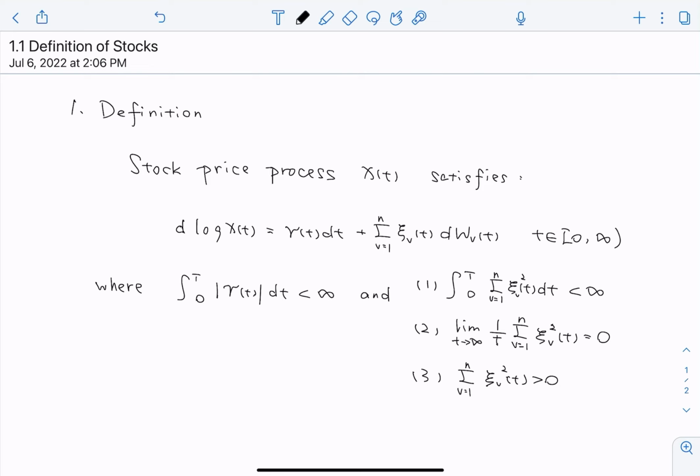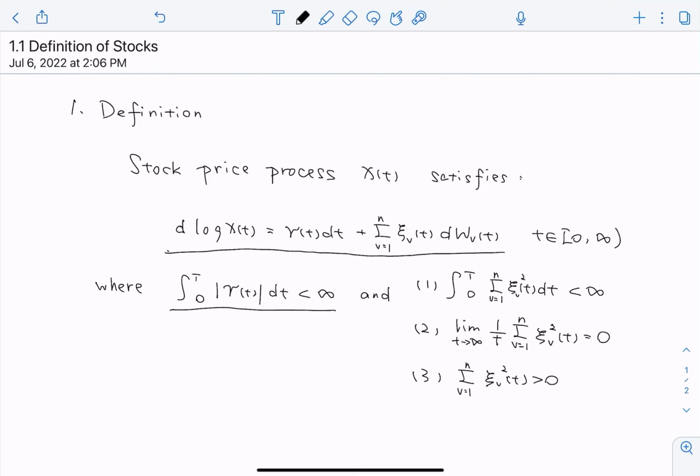N is a positive integer, and the stock price process X of t is a process that satisfies this stochastic differential equation for any t from 0 to infinity, and this W is a Brownian motion. The gamma is measurable, adapted, and satisfies this condition.